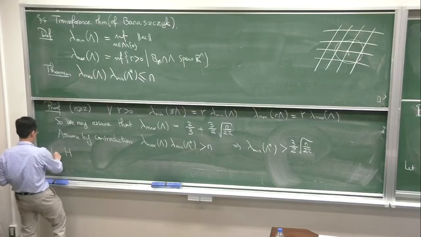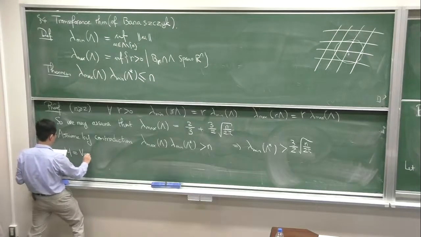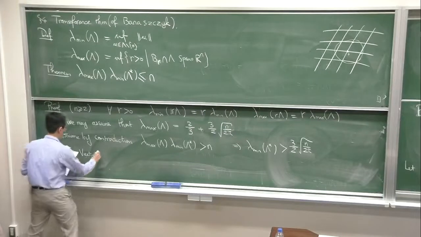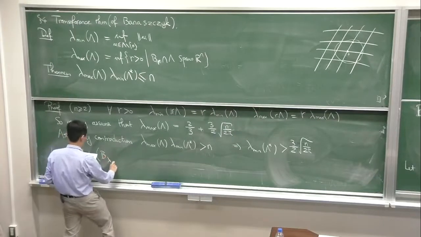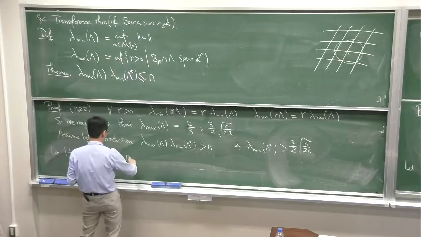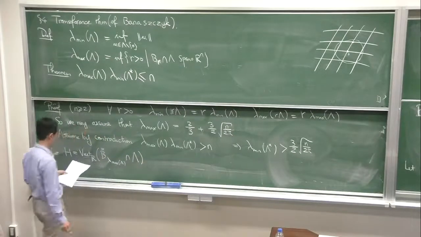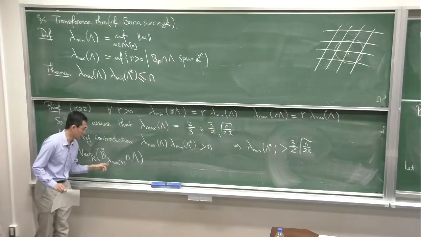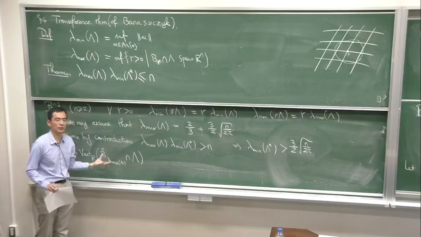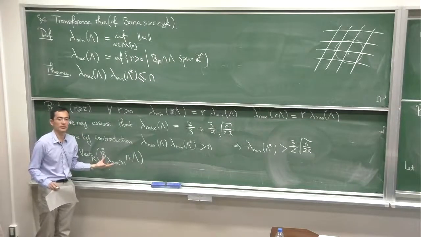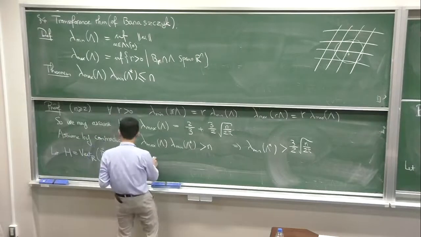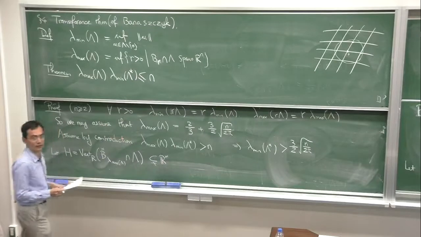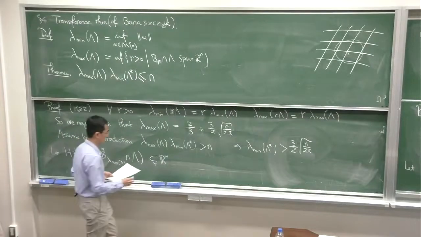So let H be the vector space over R generated by the B lambda max of lambda open ball intersection with lambda. So now you have a ball which is a little bit smaller than this lambda max, so you will not have a basis of R to the power n. So this one is included in R to the power n, but not the whole space.